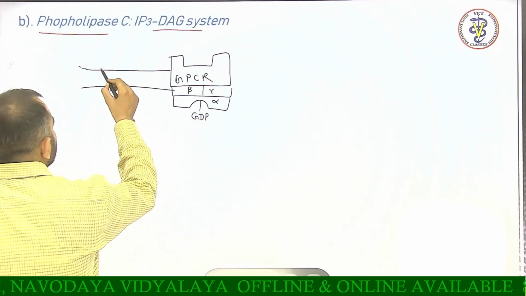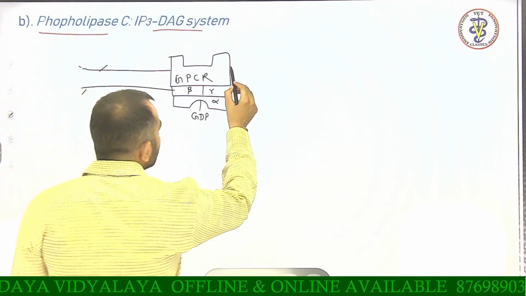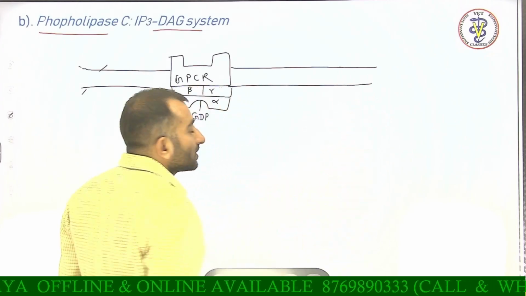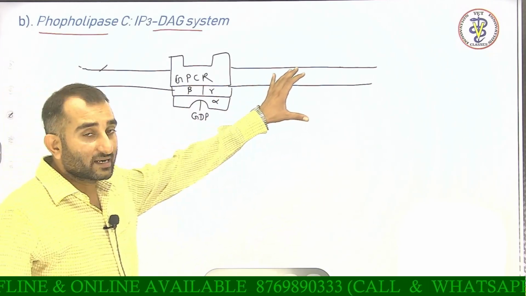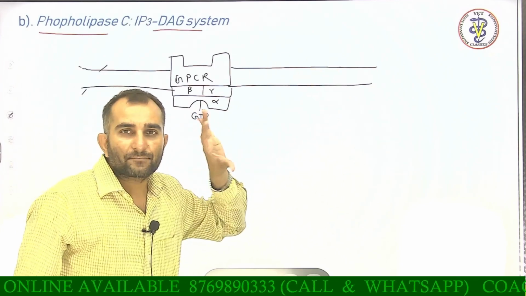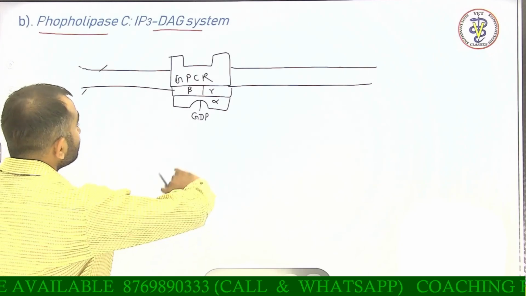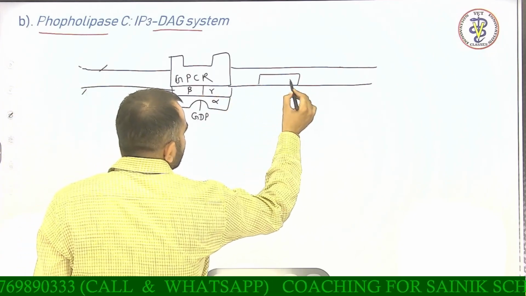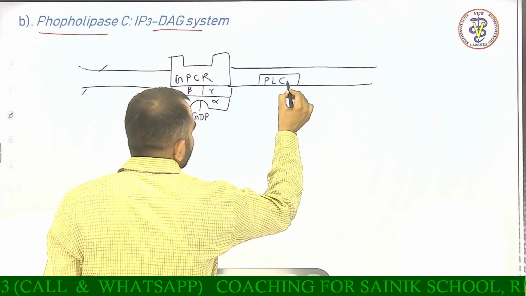And this is the extracellular membrane, this is the intracellular membrane, and as the adenylate cyclase enzyme is present on the surface, the phospholipase protein is also present on the surface of the cells.